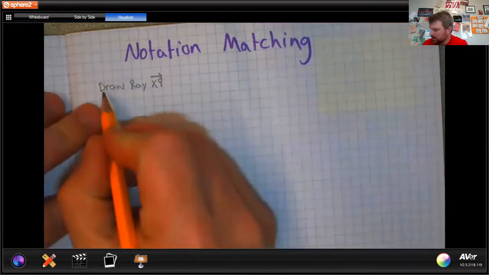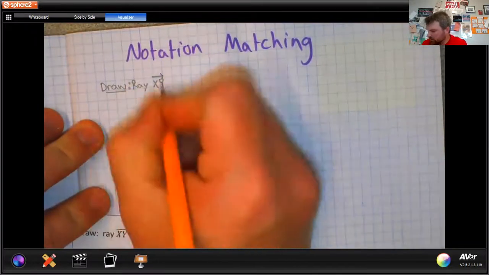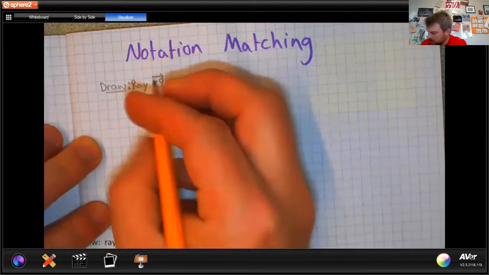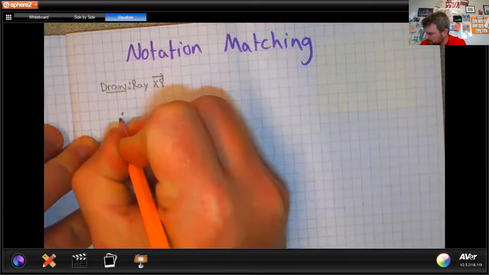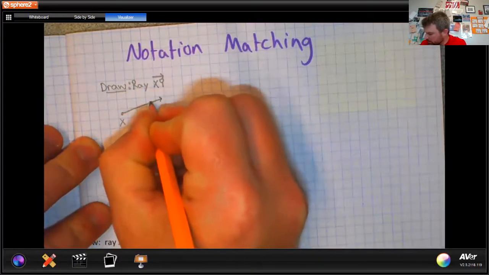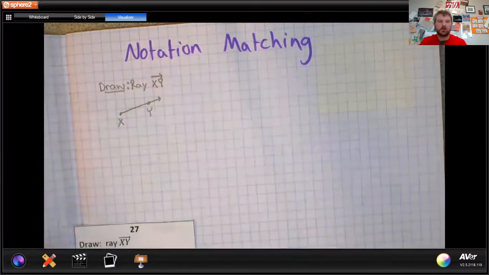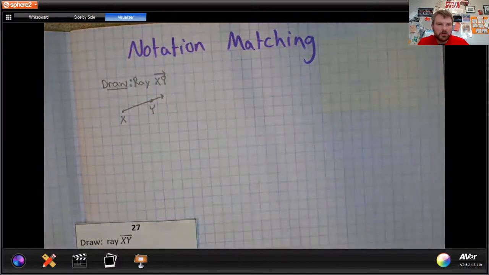I want you to write the directions on it, and then below it, I want you to do what it says. In this case, I have to draw ray XY. I know that ray starts at X, so I'll put an X here, and it goes through point Y. So I'll draw the ray, put a Y there, and then find the card. Now the answers won't be up for another day or two, maybe next week sometime.